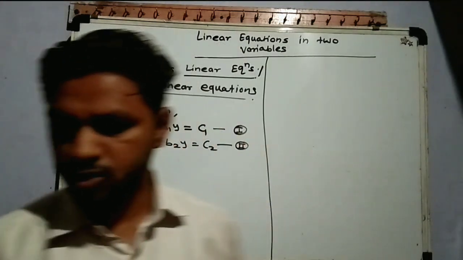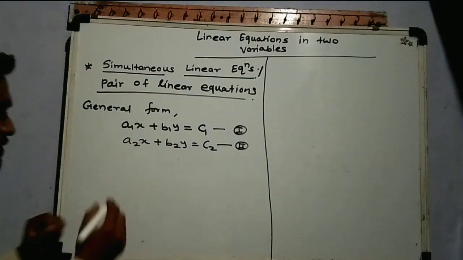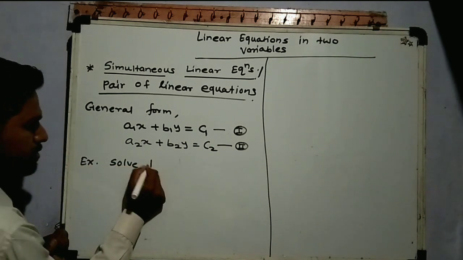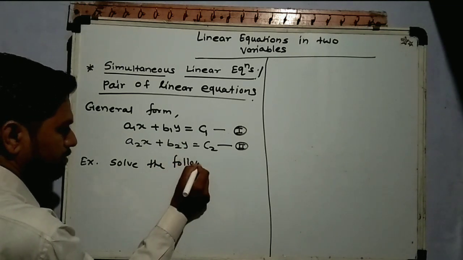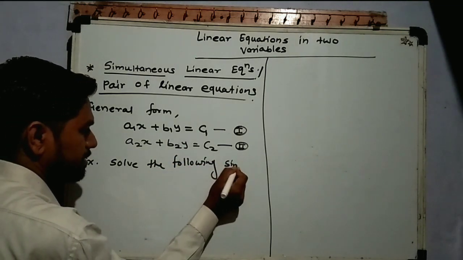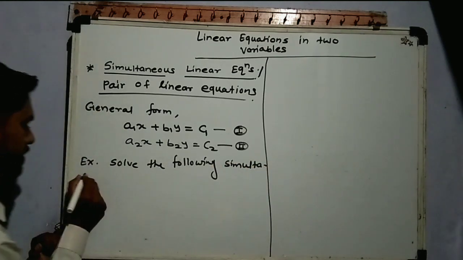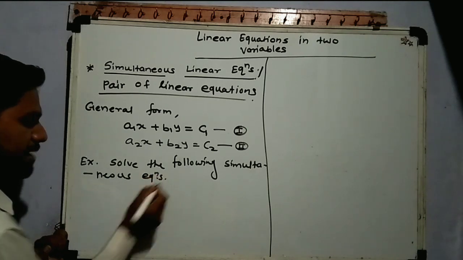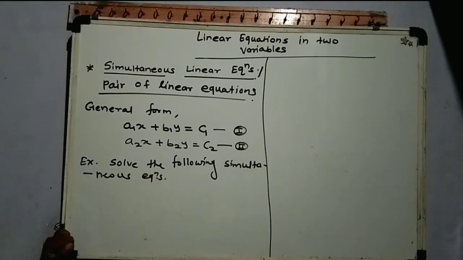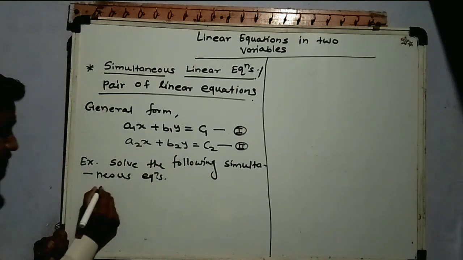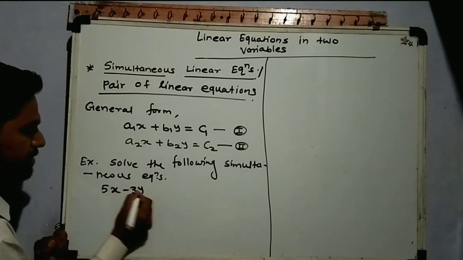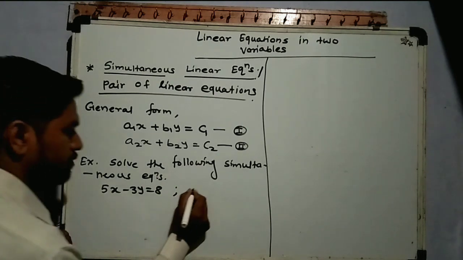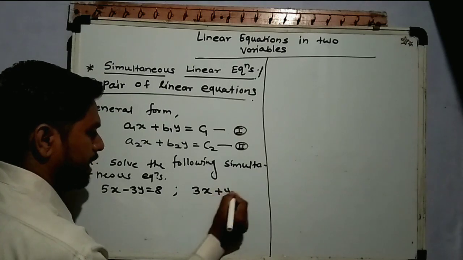So see, the example is: solve the following simultaneous equations. The equations given are 5x minus 3y is equal to 8, and second one, 3x plus y is equal to 2.